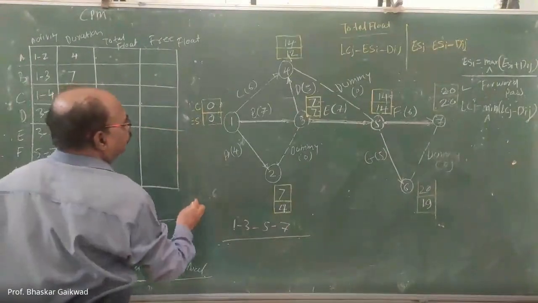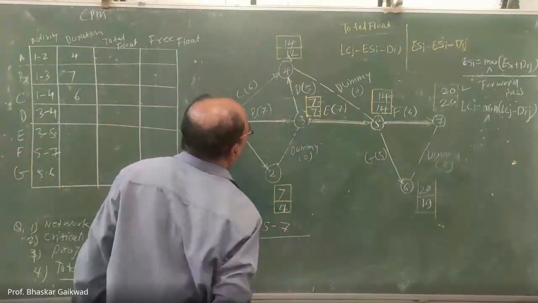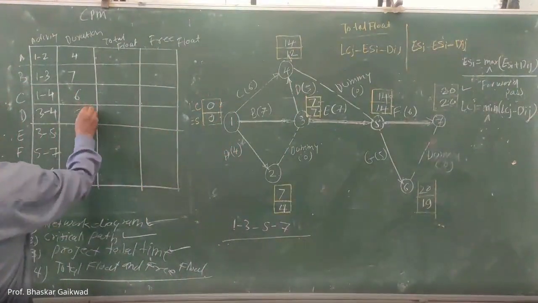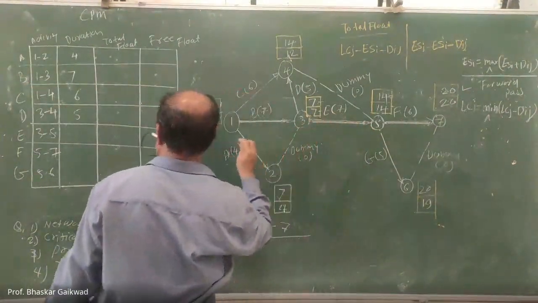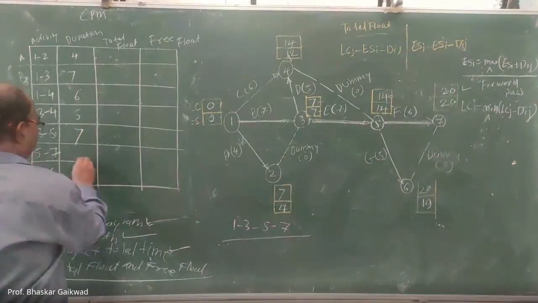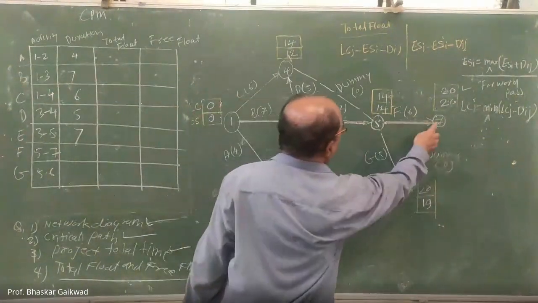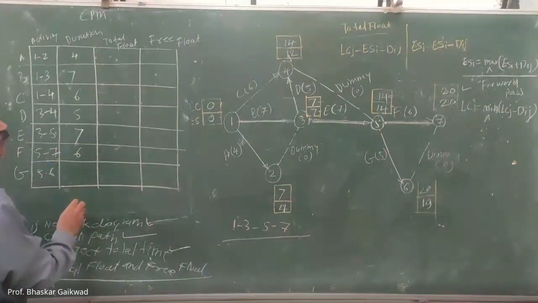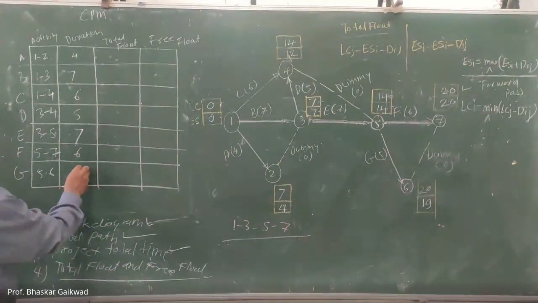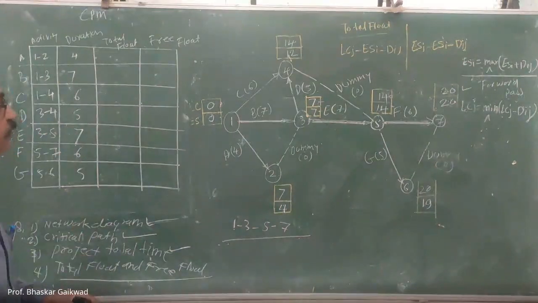Then D 3 to 4, 5 is there. Then 3 to 5, 7 is there. 5 to 7, 6 is there. 5 to 6, 5 is there. So this is the duration.